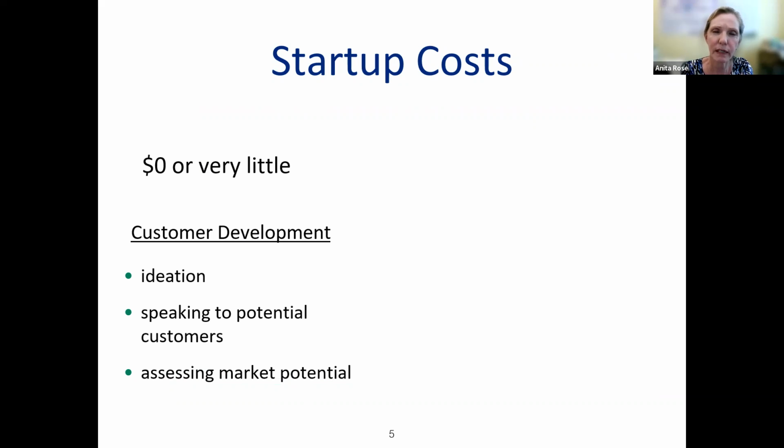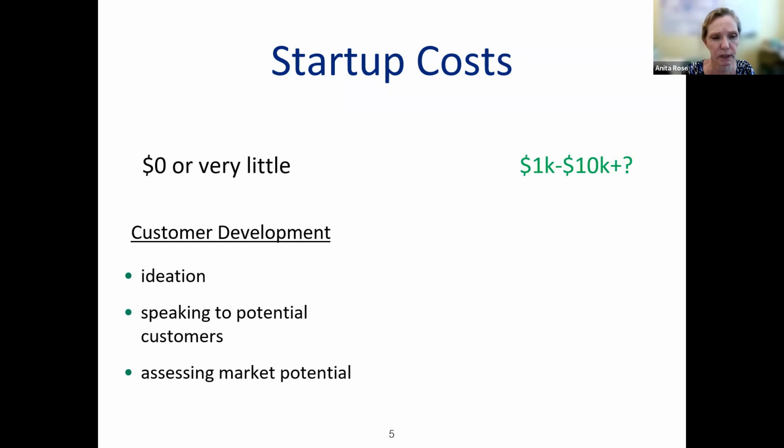Here at FGCU in the School of Entrepreneurship, we are really focused on lean startup. So we want to start up our businesses as lean as possible. When we think of ourselves starting with no money down or very little money down, we really want to focus on customer development first, because we want to make sure that we have customers that are willing to pay for our idea.